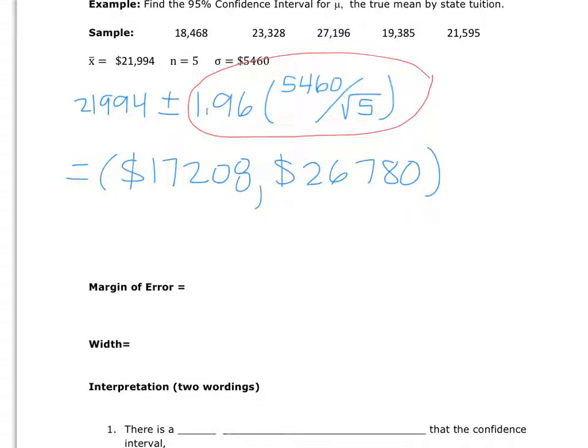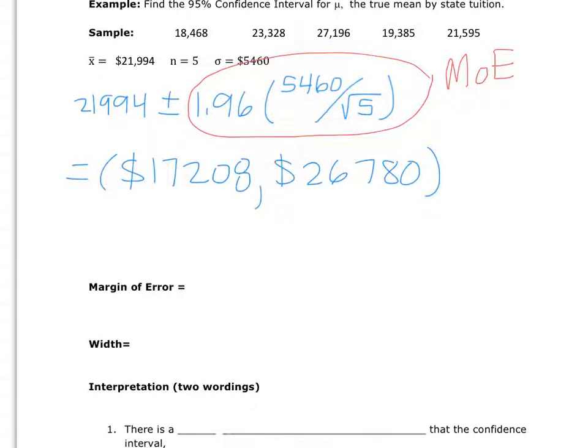We can think of that as the margin that we're adding and subtracting to that sample mean to take into account the fact that the sample mean isn't going to exactly estimate the population mean. So this is that margin that we add to the sample mean to account for the error in the sampling process.